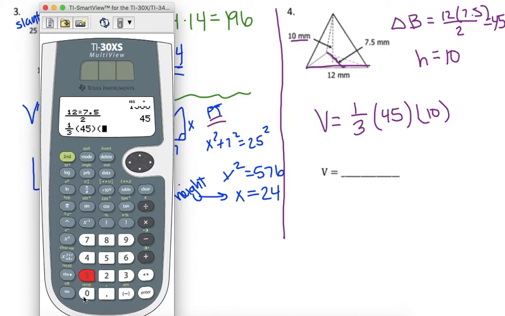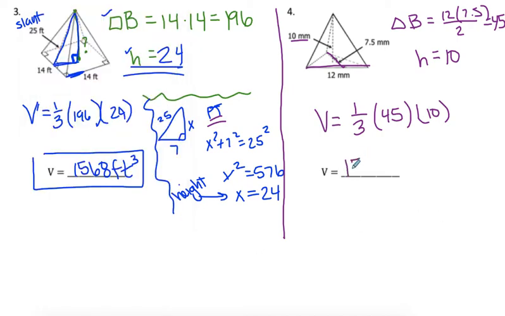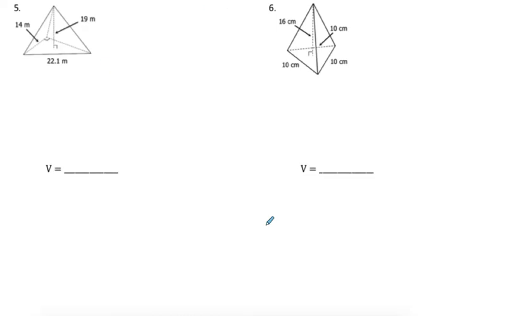Area of the base times height. And that's where I get my 150. So this is going to be 150 little cubic millimeters that would fit inside of that object. So again, sometimes we're given all the pieces, but we need to make sure we're correctly identifying our base and using the height that's appropriate.